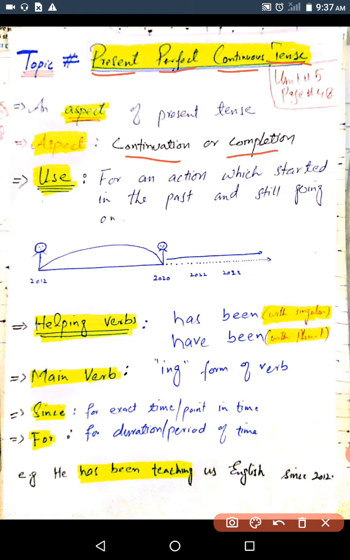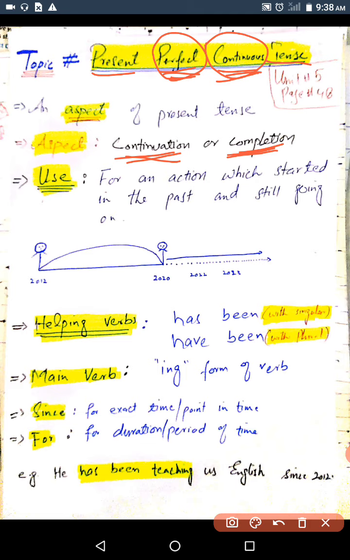Now this is perfect and continuous, so it will show perfection as well as continuation, as the title shows: perfection plus continuation. These two things it will show, and we will clarify this later on in the example.